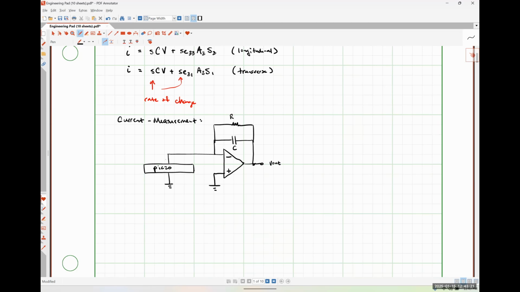And then the signal from the piezo element is going to be our current I, and we're going to say that it is approximately going to be the motional part of our current. So we're only interested effectively in the part that is related to the piezoelectric effect. Okay.